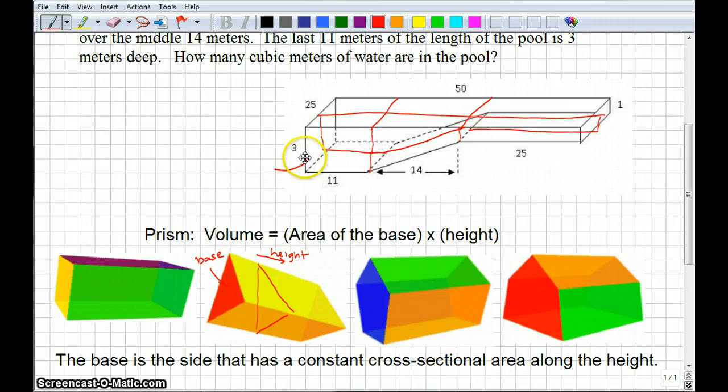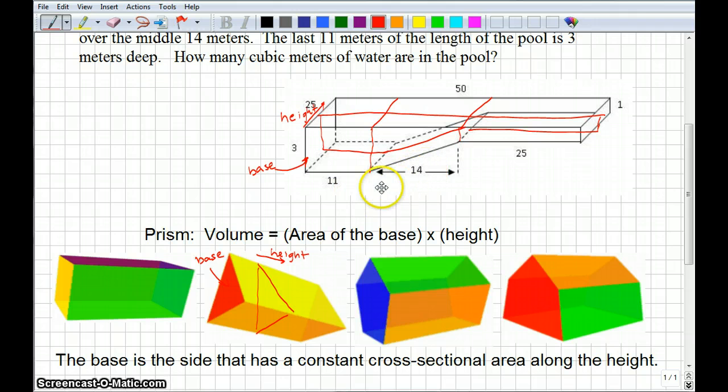So you could treat this like a prism where the side of the pool is the base, and so what's the height? It's actually the width of the pool, right? Because it's the side perpendicular to the base. So the height of the prism is actually the width of the pool. Okay? It's good to be able to turn things around in your mind and see. So this is really a prism. So let's go ahead and solve this problem.